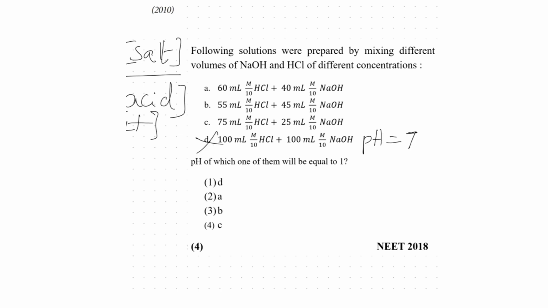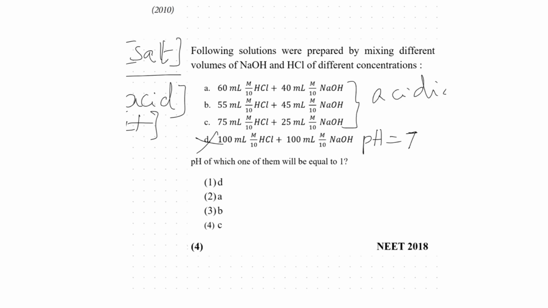The remaining 3 options A, B and C, HCl volume is more. Okay, concentrations of HCl and NaOH are same, but in all the 3 options, HCl amount is more. So all 3 will result in acidic solutions because HCl content is more.